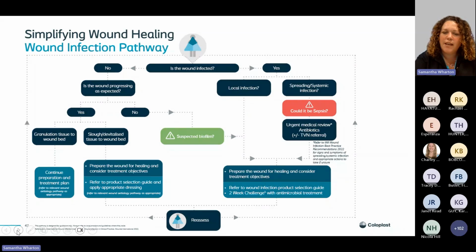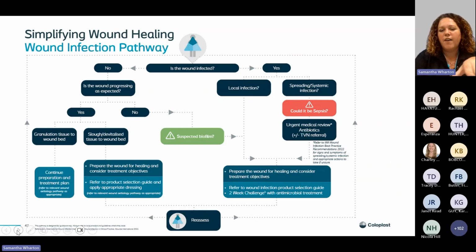And then you need to be thinking again about preparing the wound for healing and using your all-prep pad to really cleanse and debride and remove those barriers to healing, and then use your wound infection product selection guide and do the sort of 2-week challenge with an antimicrobial treatment to see if that kickstarts and gets that wound progressing.